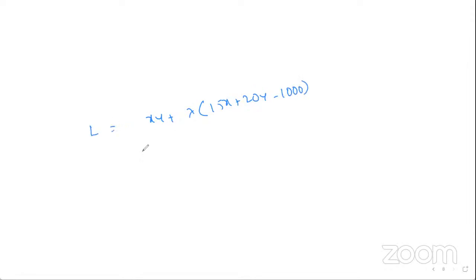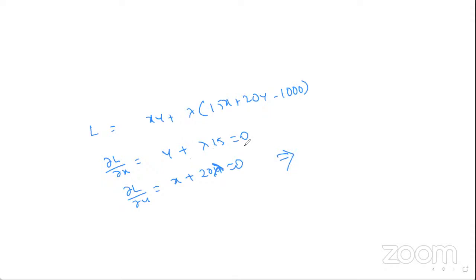We take dL by dx equals 0, which gives us y plus 15 lambda equals 0.